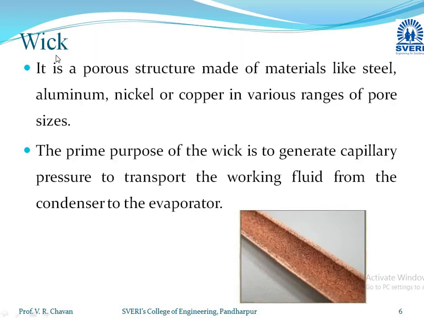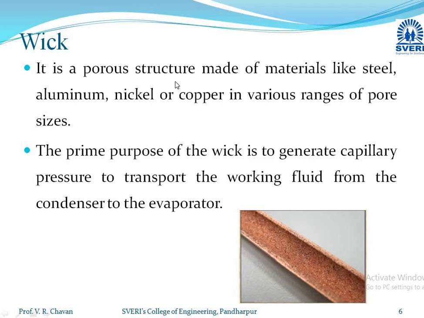Then the next one is the wick structure. Here you can see the image of a wick structure. The external surface is the tube or container or envelope, and the inside surface of that tube is covered with a porous or mesh structure material, which is called a wick.